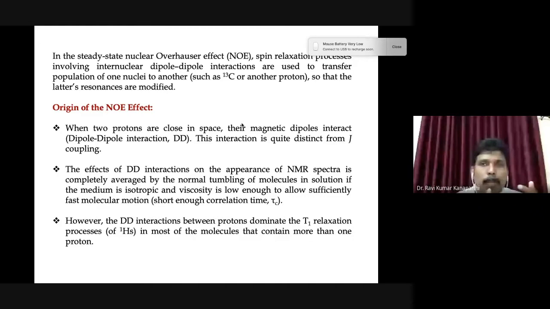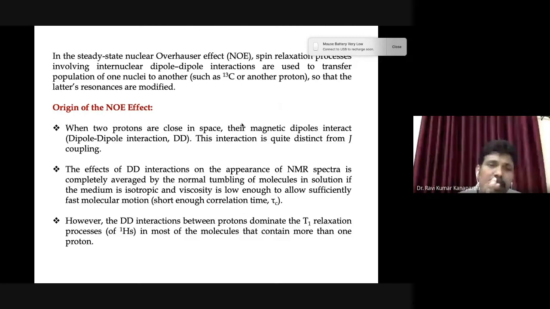But if you have more than one nucleus, then this nuclear Overhauser effect is going to be much more prominent. That is point number one. The other point I want to stress is that when the dipoles are interacting, and you have only one type of proton, then since we are recording the NMR spectrum in solution phase, the dipole-dipole interaction is more in one particular direction, and therefore we don't see much enhancement or decrease.